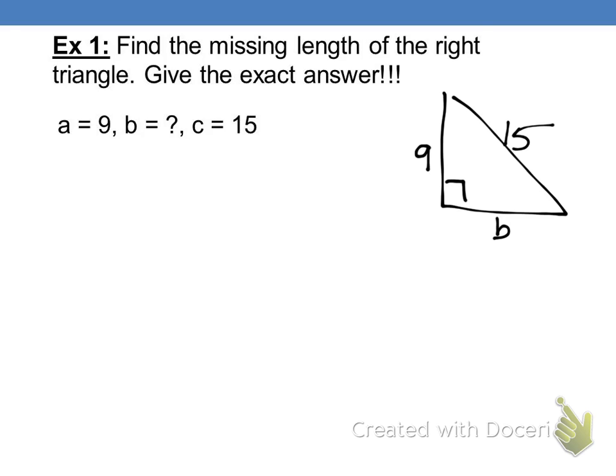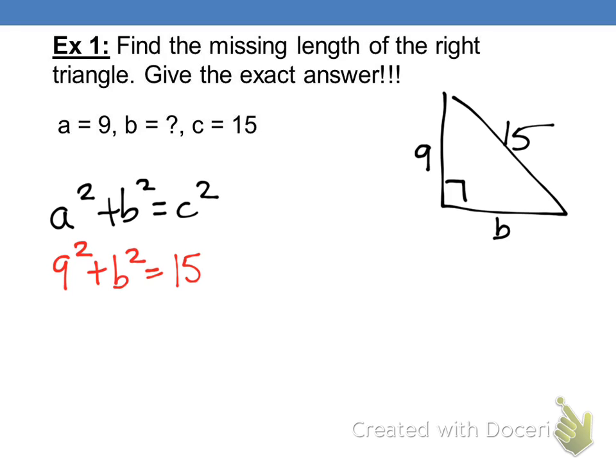We're going to start with a squared plus b squared equals c squared. Instead of the a, I'm going to put 9. 9 squared. B squared is just b squared. I don't know what it is yet. Instead of c, what am I going to put? 15 squared. Good. Now, this is 81.